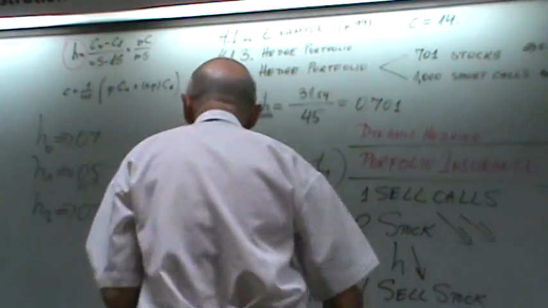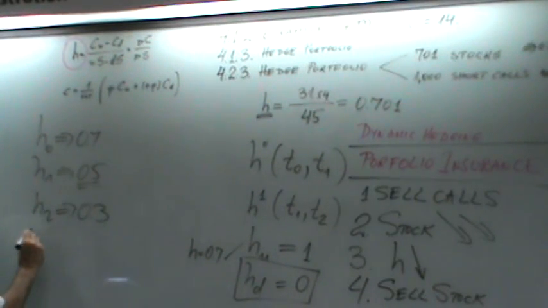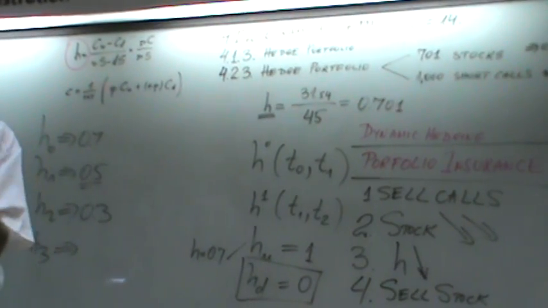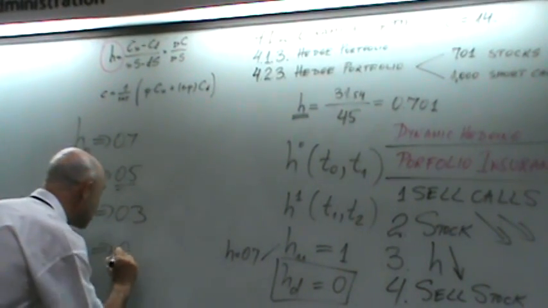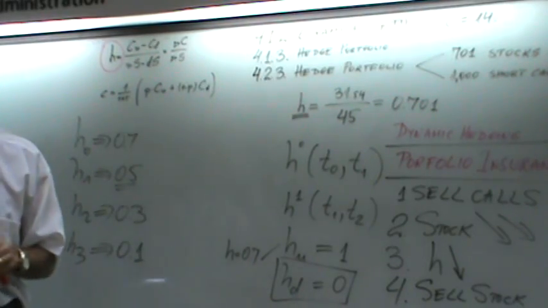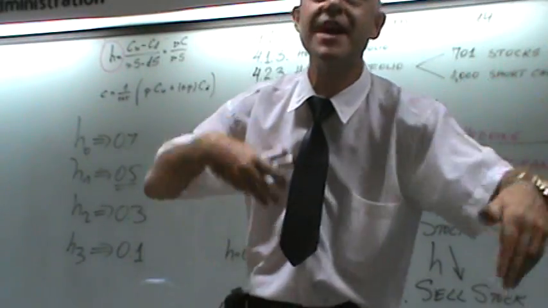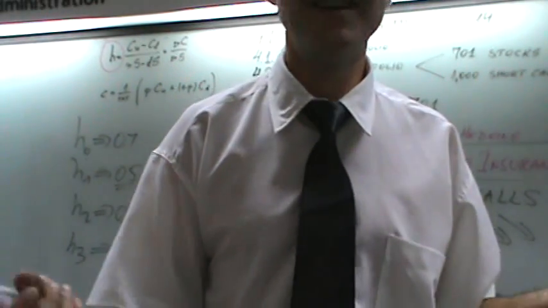Okay? And you say, oh, 0.3 is not hedging me dynamically. I gotta go down to 0.1. And now you sell again, and again, and again.